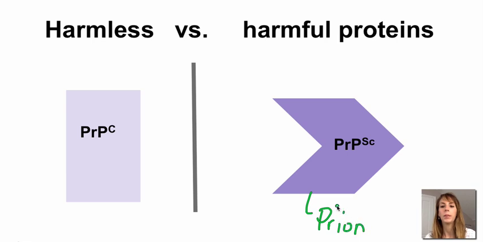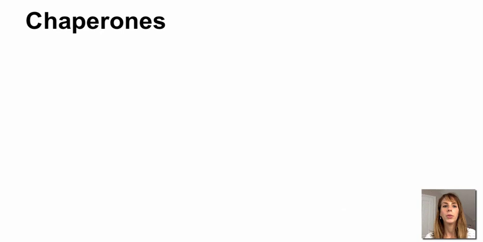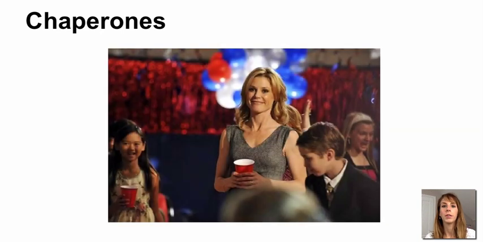Now, a key aspect of prion diseases involves the action of the prion as a chaperone. So when you think of a chaperone, you probably think of an adult that's chaperoning something like a high school dance or birthday parties, something like that. And the chaperone is making sure that the children behave properly.